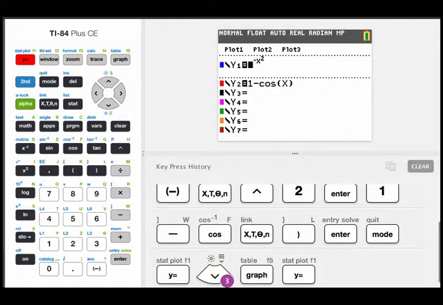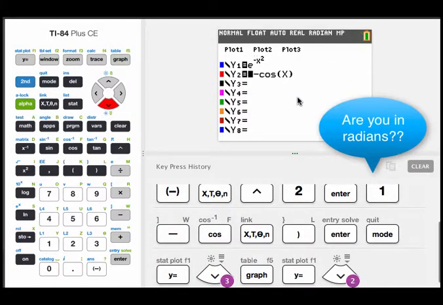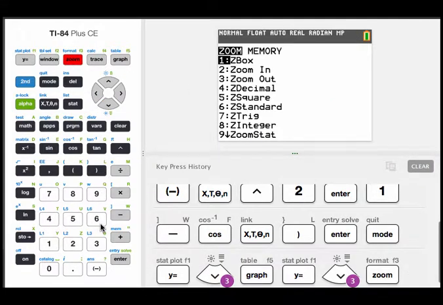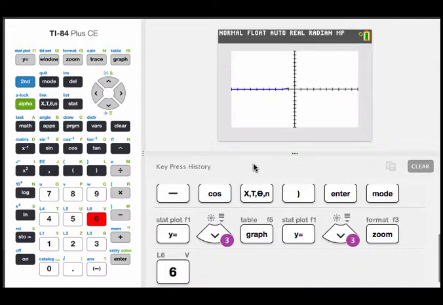So this is what it looks like on the calculator. You'll have your two functions in y1 and y2. You're going to want to graph it. Your original graph might look like this, but you definitely want to change your window so it looks like what's on the paper.